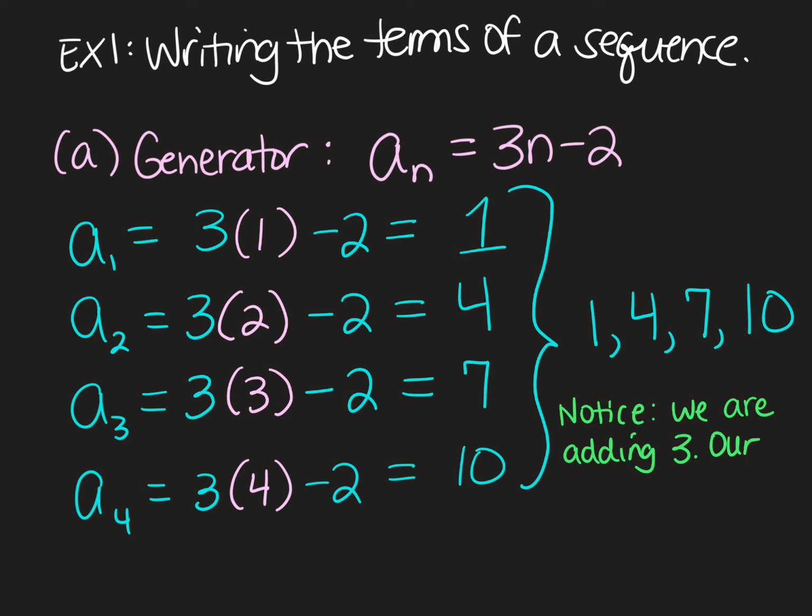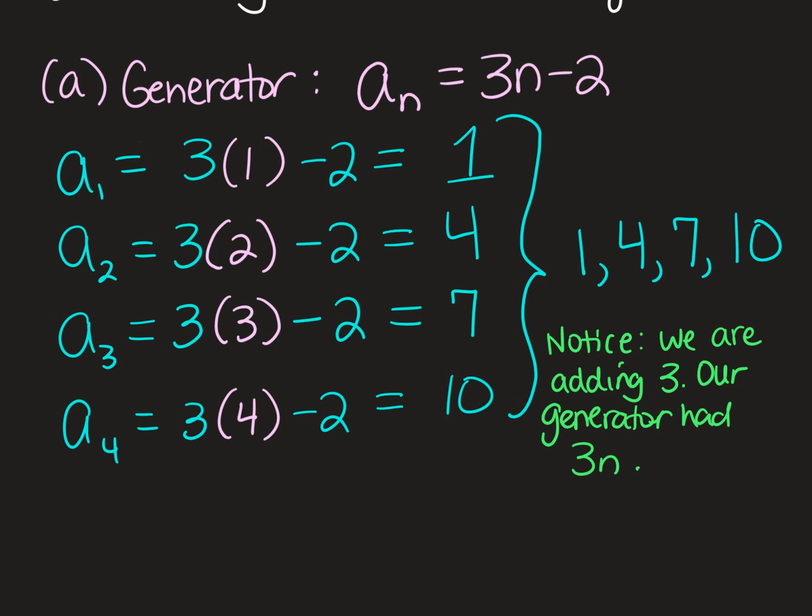And our generator had 3 times n. Maybe that's a little bit of a clue, a little bit of foreshadowing here. Our generator had a 3 times n in it, and what ends up happening is our sequence adds 3 each time. Eventually today we're going to be headed in that direction.